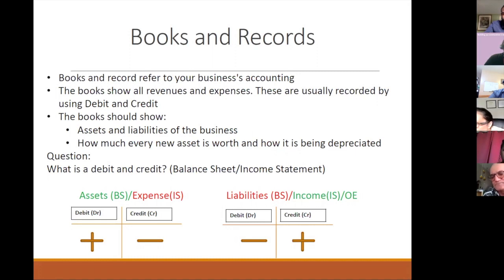That's a great question. So on the owner's equity section of the balance sheet, there's something that we're going to call owner's contribution and owner's withdrawal, right? Anytime there's an owner's contribution, you put the money in, what are you increasing?